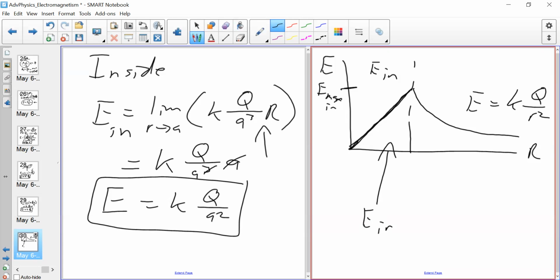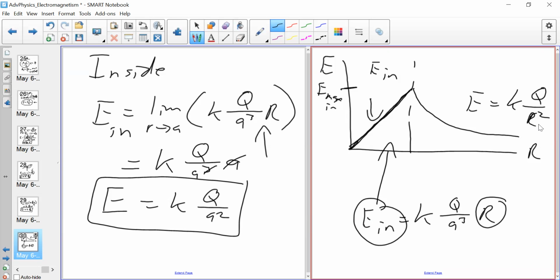We found the electric field on the inside to be k q over a cubed times r. So if we make a graph of E versus r, this is linear. Hence we get this. And then this R, we know it's little r, big R. This is r squared, 1 over r squared.